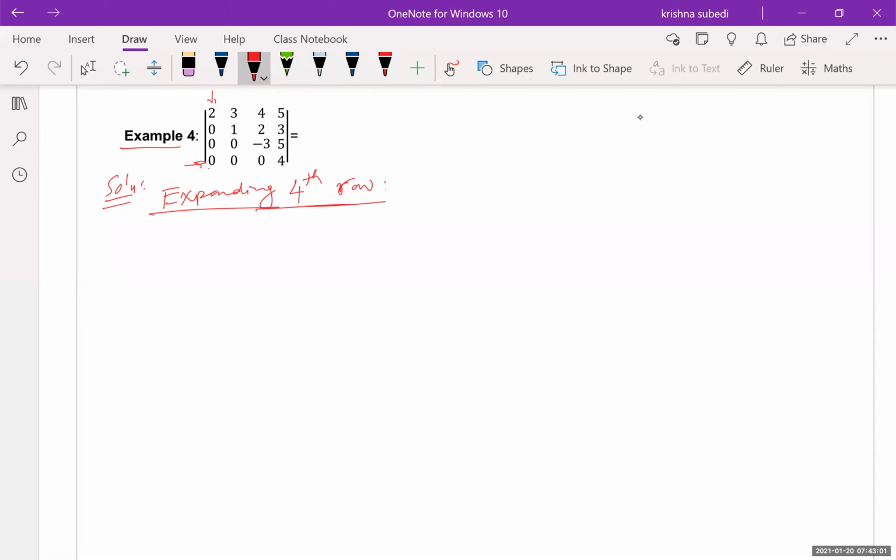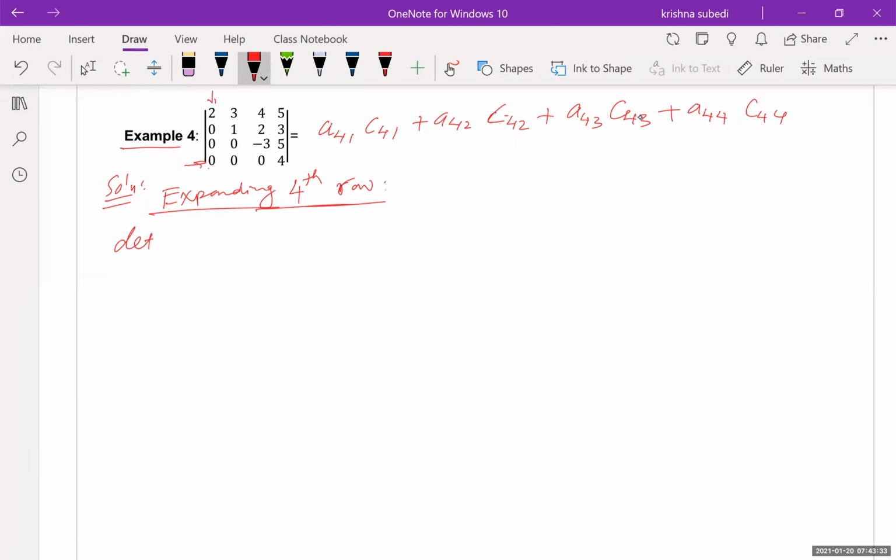Okay, expanding the fourth row, the formula is A41 C41 plus A42 C42 plus A43 C43 plus A44 C44.